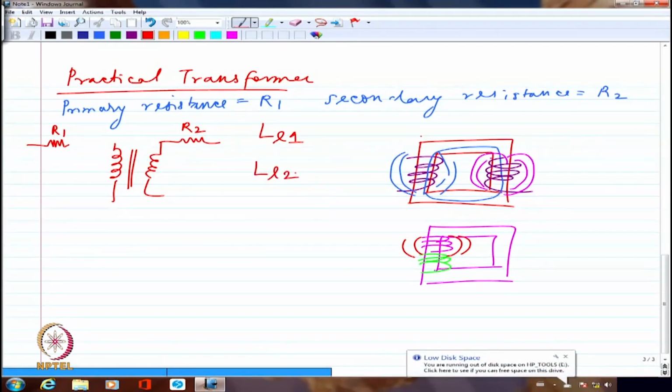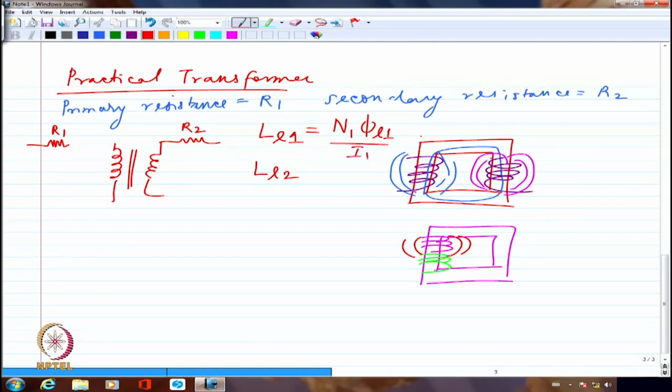I can definitely say that this LL1 will correspond to the number of turns. N phi by I is inductance, right? So I can say this is N1 multiplied by whatever is the leakage flux corresponding to the primary, divided by I1 or small i1.